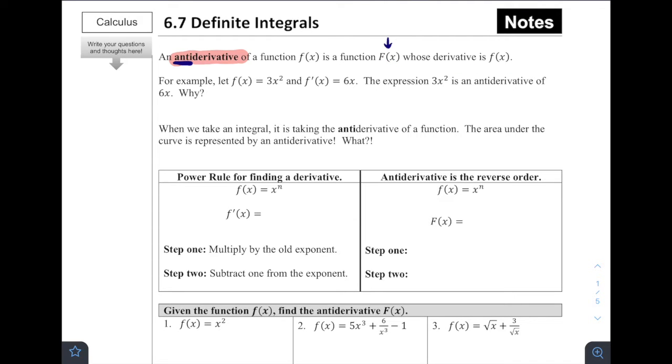So we talked about this maybe briefly in another video, but we know that for the regular function, little f of x, if we take the derivative of it, we get f prime. If we take the derivative of that, we get f double prime. And if we take the derivative of that, we get f triple prime. And you could keep going as many times as you want. However, the question then is, what do we have that when we take the derivative of that gives us f of x?